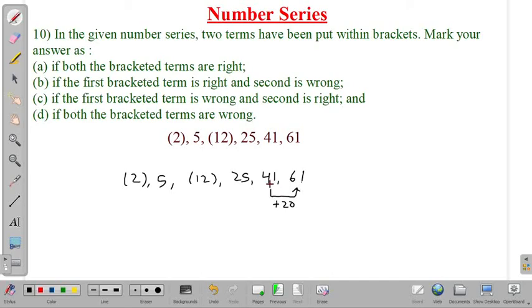If we add 20 to 41, we will get 61. Then the difference between 41 and 25 is 16. So 16, 20.